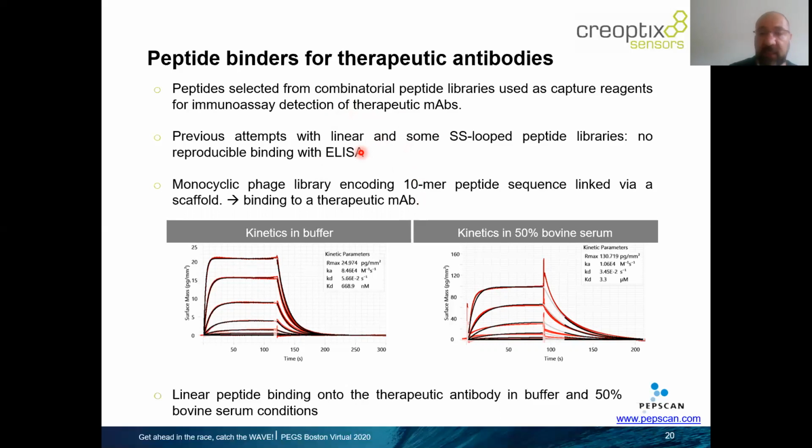So they wanted a platform that can screen those peptides at an early stage using unpurified peptides. And this is how the story started. But first we tested the purified linear peptide, and here we could show that we can do the interaction either in buffer or in 50% bovine serum.